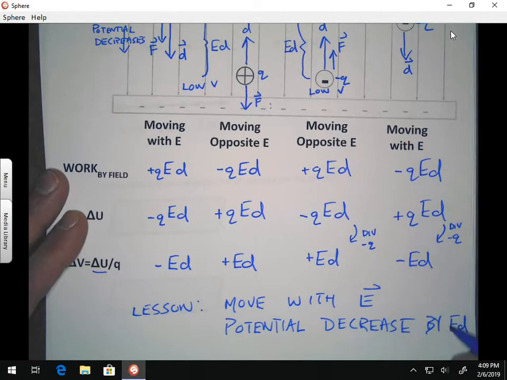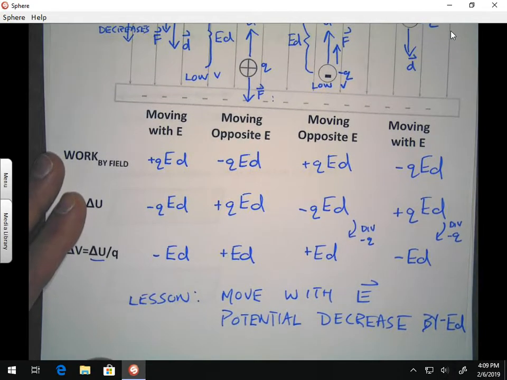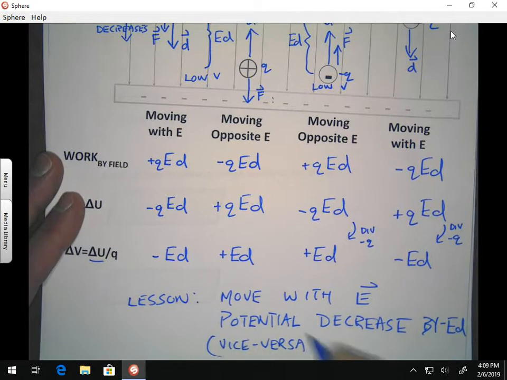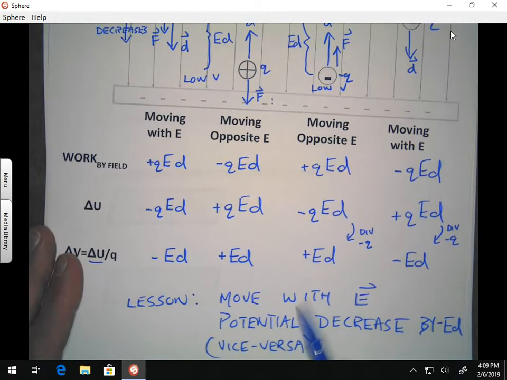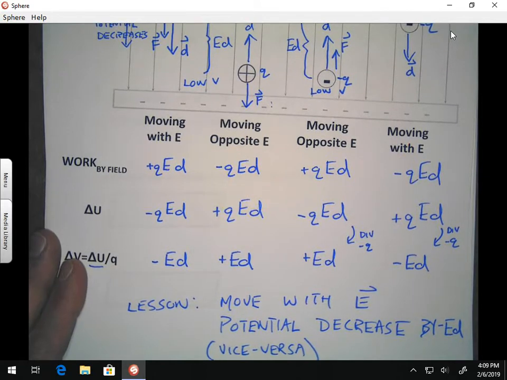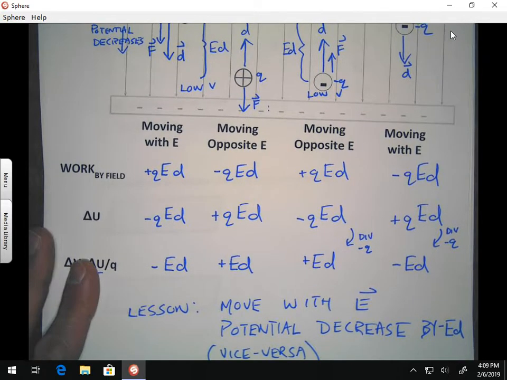Or I suppose you could say by negative ED because it's decreasing. And when you move against E, the potential will increase by that amount. So I'm just going to write vice versa. So if you move against the electric field, the potential will increase, and it increases by positive ED. So that's the main lesson from this.